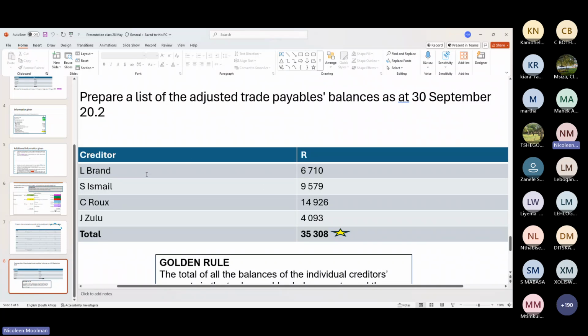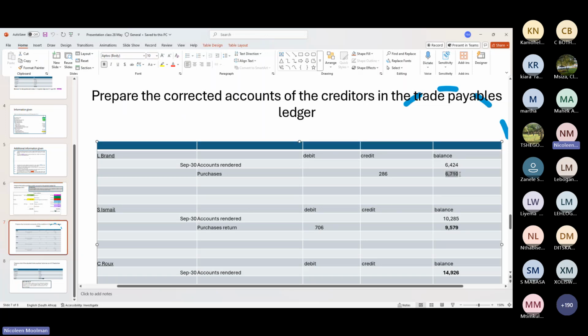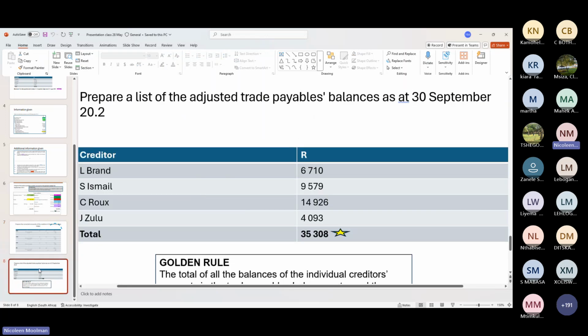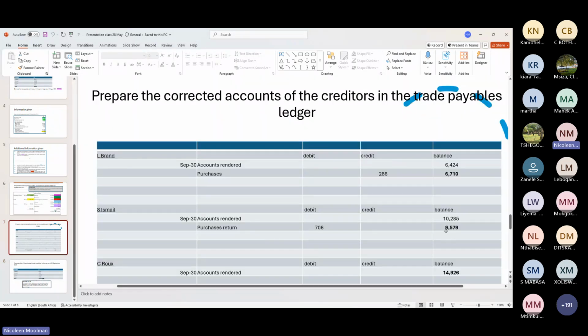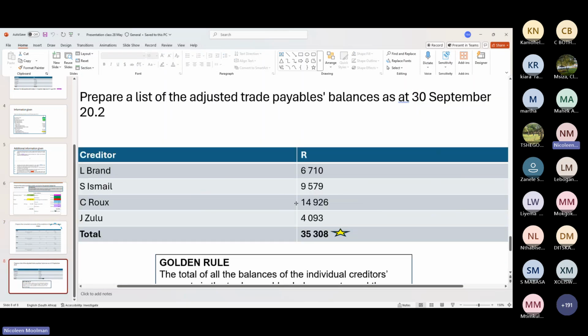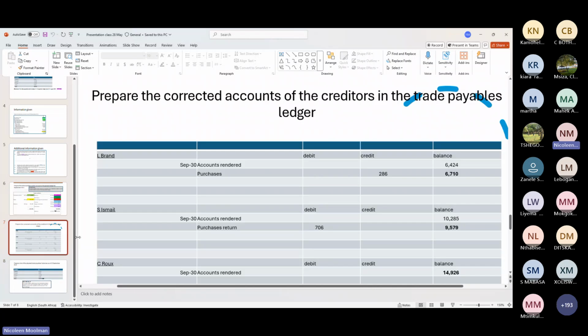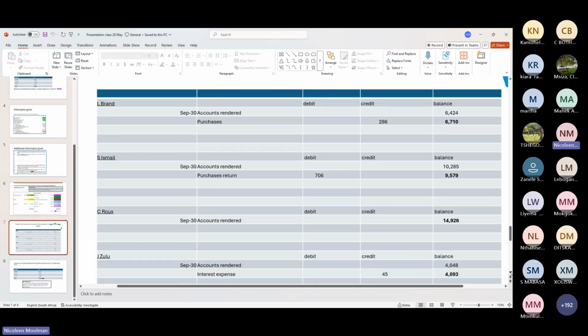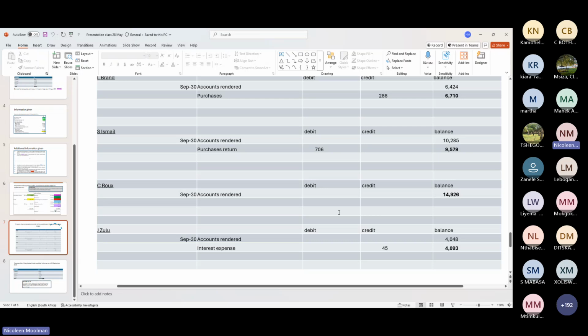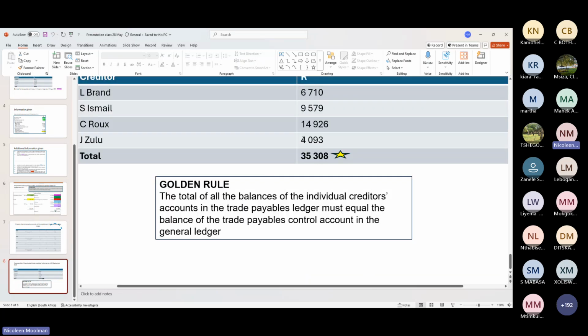So Al Brandt is 6710, and there's the 6710 from part B. S. Ishmael is 9579, also from part B. And then C. Roo, the 14926, where we didn't have any adjustments. And then J Zulu, we had the adjustment, and that gave us the 4093.